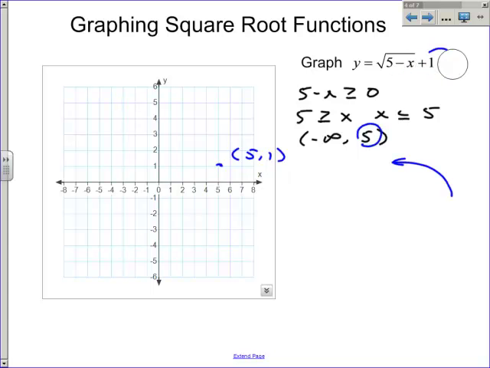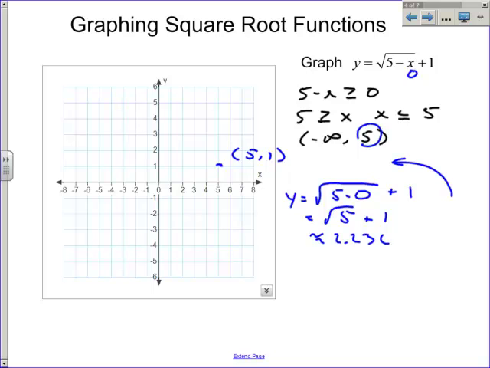I want to figure out what is my y-intercept by setting x equal to 0, and I will get y is equal to the square root of 5 minus 0, plus 1, which is the square root of 5 plus 1. Well, the square root of 5 is approximately 2.236.